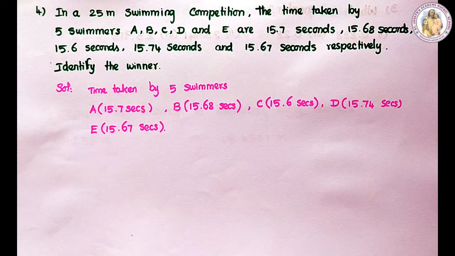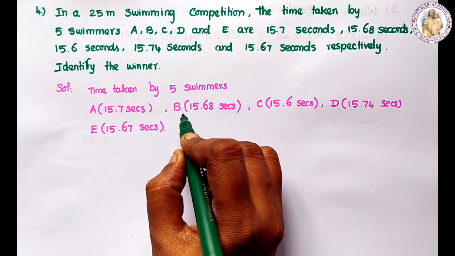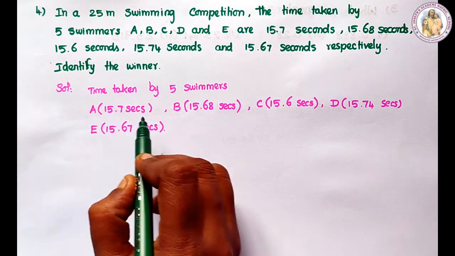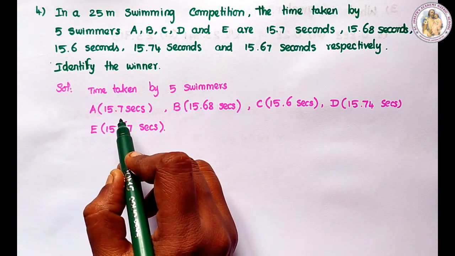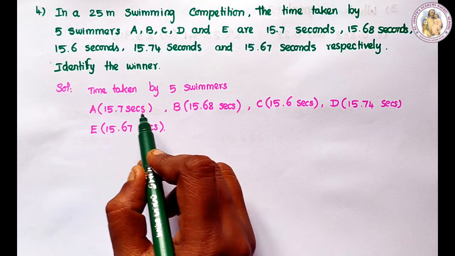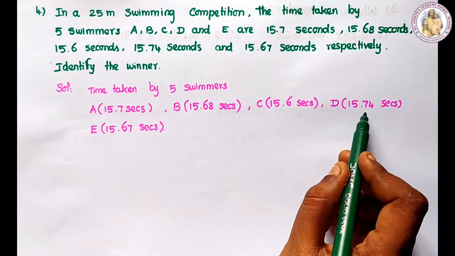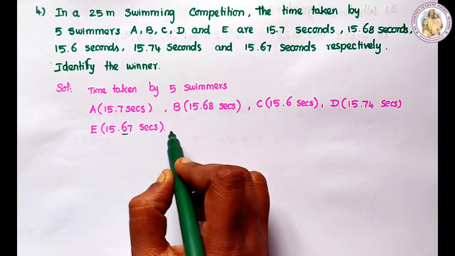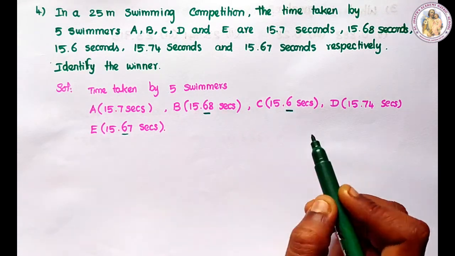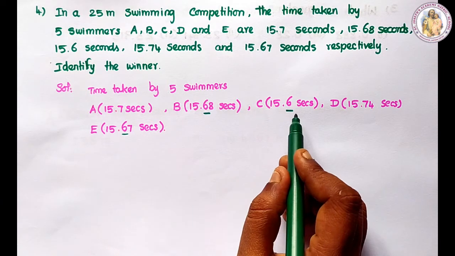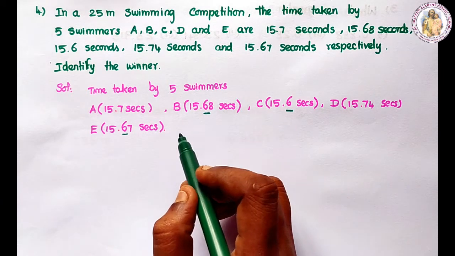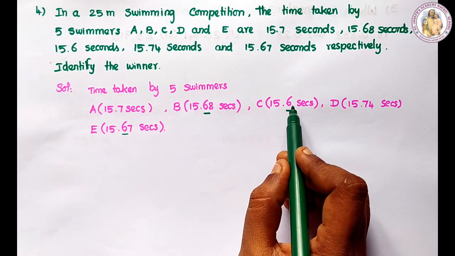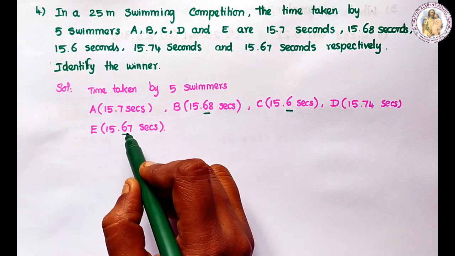Listen, all the numbers, whole numbers are 15, right? So we have to see the 10th place. Here 7, 6, 6, 7, 6. So 6 is the smallest one. In these 3 numbers, 10th place is 6; then the next place is 8, 0 and 7.